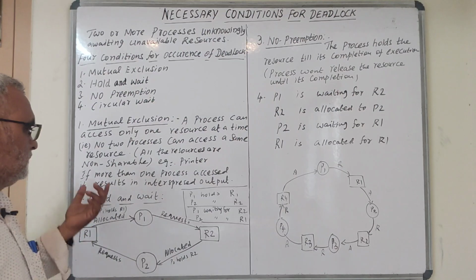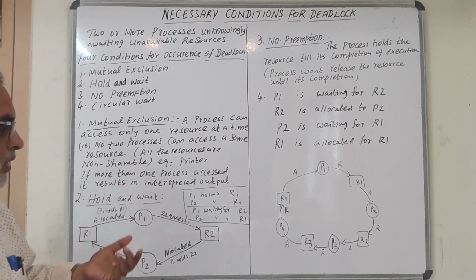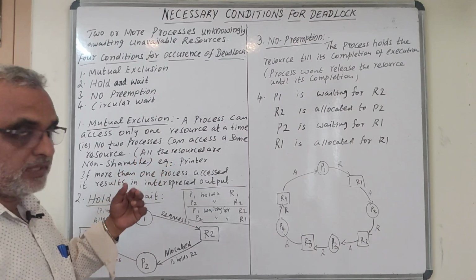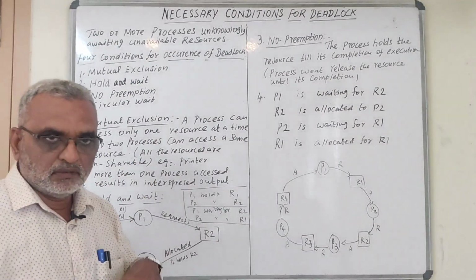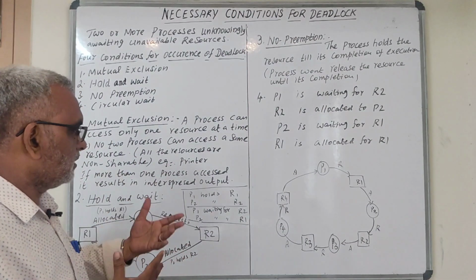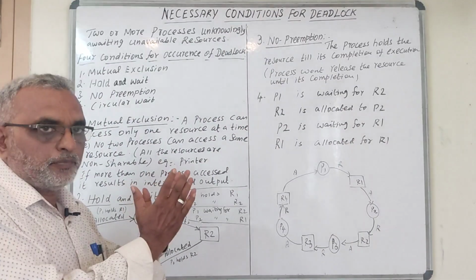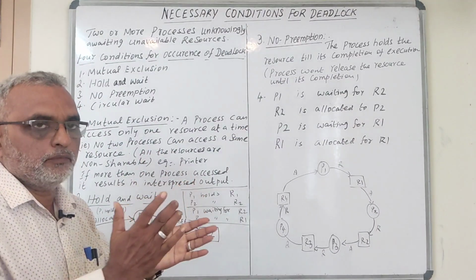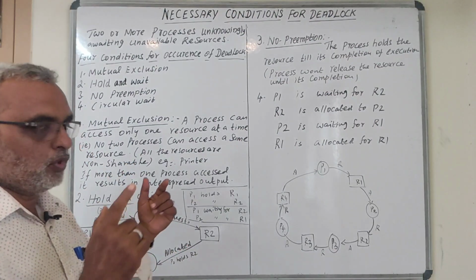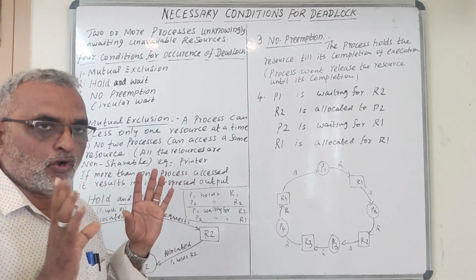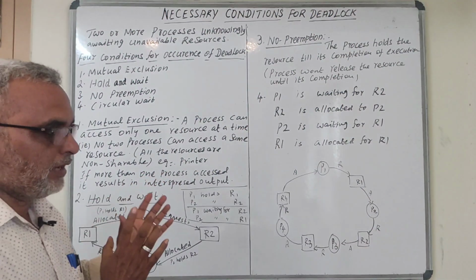An example is a printer. If more than one process accesses the printer, it results in a corrupted output. That is what is called interspersed output. Let us consider print process 1 and print process 2, and both the processes are requesting the printer to print the outputs.